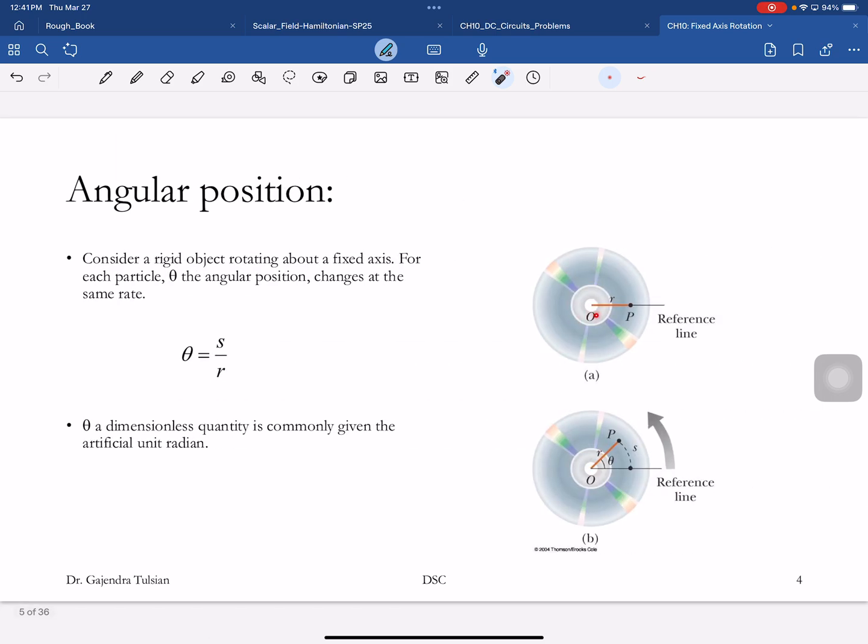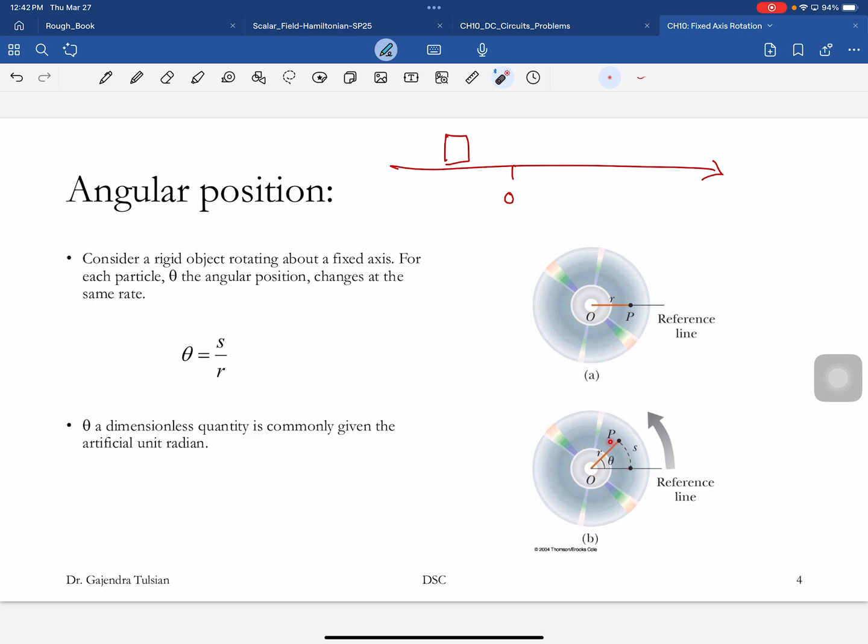All right, so here's a rigid object. It's rotating about that axis going through the center. We'll use a reference line. Just like for linear motion, you had an origin, you had an axis, and you referred the position of this object with reference to that axis. Similarly, there is this reference line. Again, there is the axis of rotation.